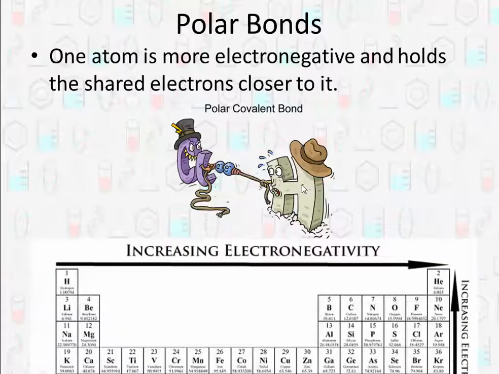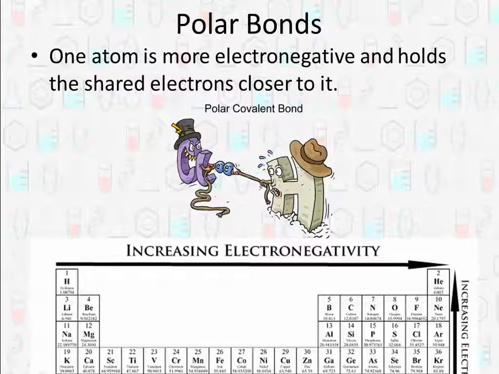Why? Well, here's chlorine down here. Chlorine is on the right side of the periodic table, and you'll see that increasing electronegativity goes from left to right. So chlorine is pretty darn electronegative, meaning it can attract electrons, whereas hydrogen's over here, not as electronegative as chlorine on the right side.